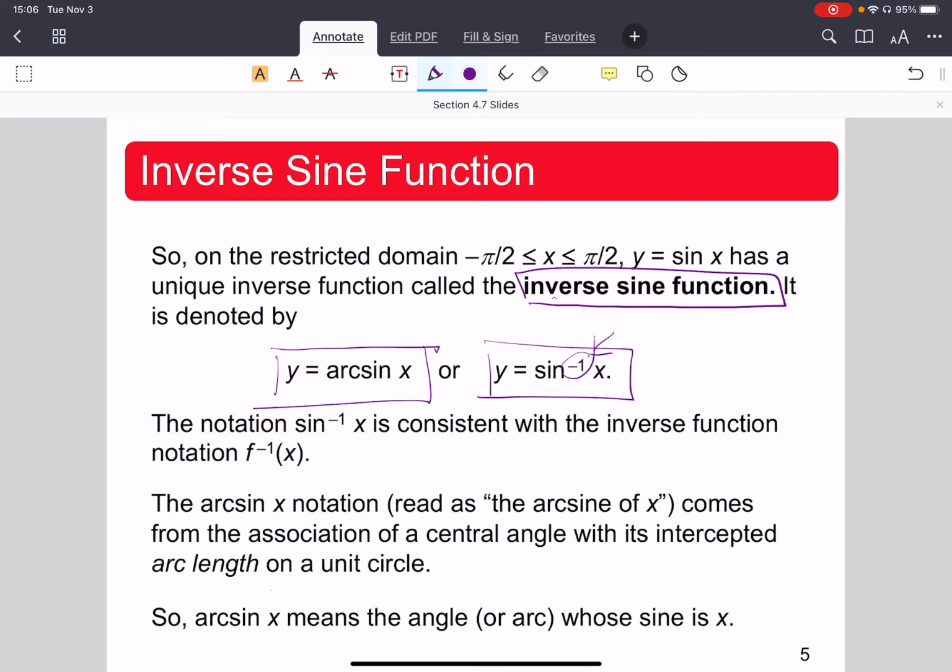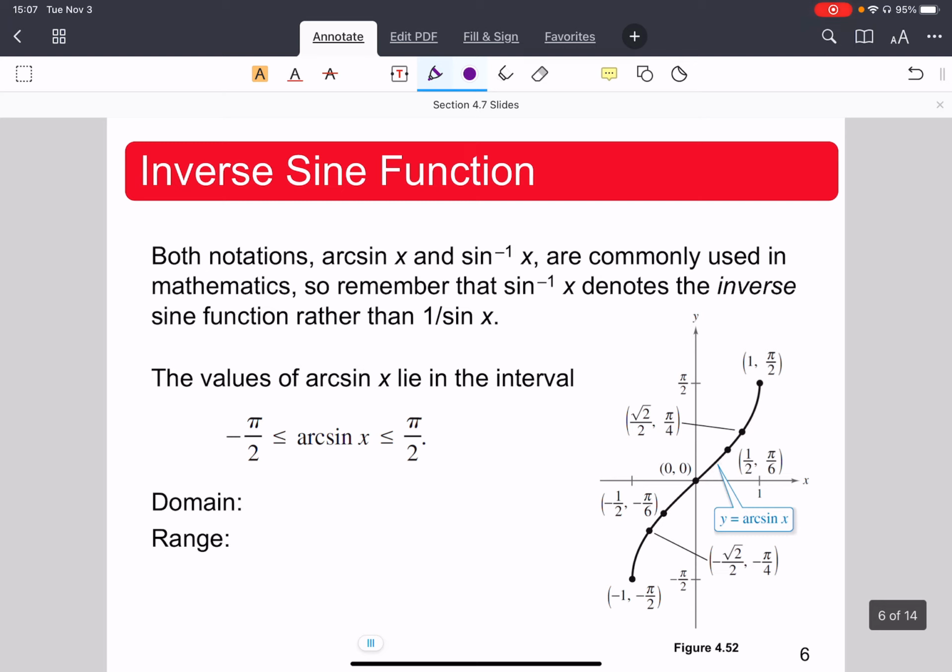This is consistent with the inverse function notation that you saw before, where we had f inverse of x. The arcsine x notation, we read as the arcsine of x, and this comes from the association of a central angle with its intercepted arc length on a unit circle. So arcsine means the angle whose sine is x. Both notations, arcsine x or sine inverse x, are valid and you can choose either of them.